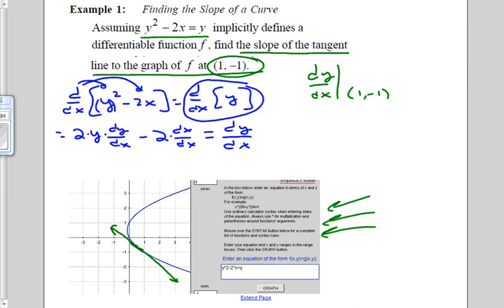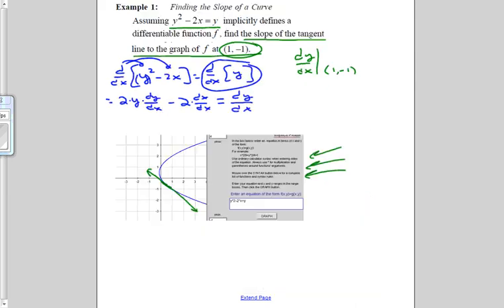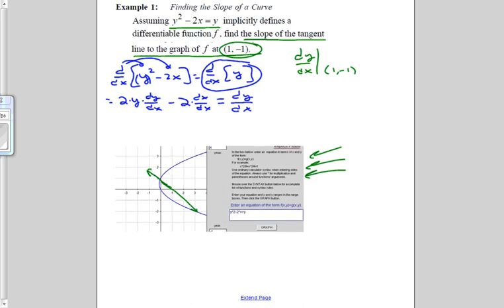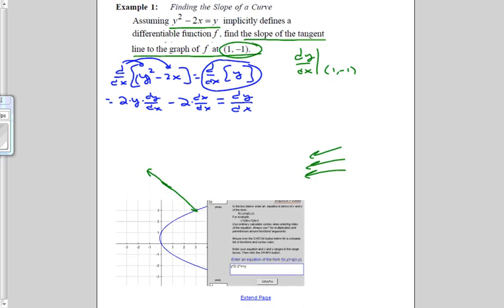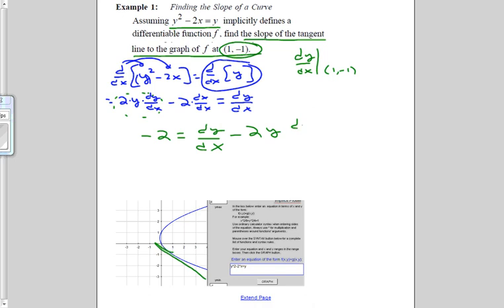So now we're going to need to use a little bit of factoring. So we want to solve for dy/dx. So let's move this over, and we get negative 2 dx/dx, which is just 1, equals dy/dx minus 2y dy/dx.